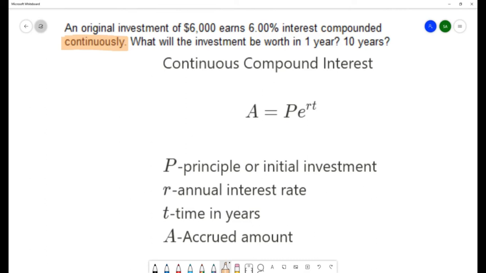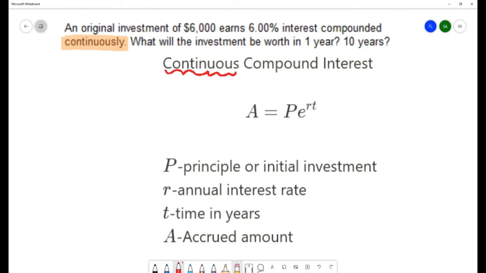So we're going to be using a compound interest formula, but it's a little bit different because instead of being compounded at these discrete moments, we are going to be compounding interest continuously, meaning that the interest gets added into your account all the time instead of at those discrete moments.